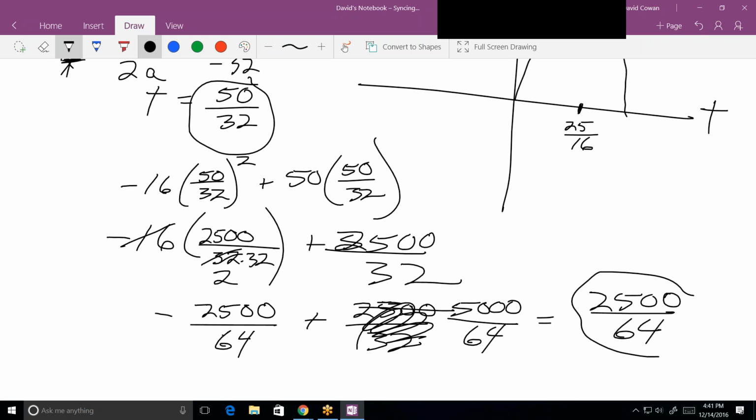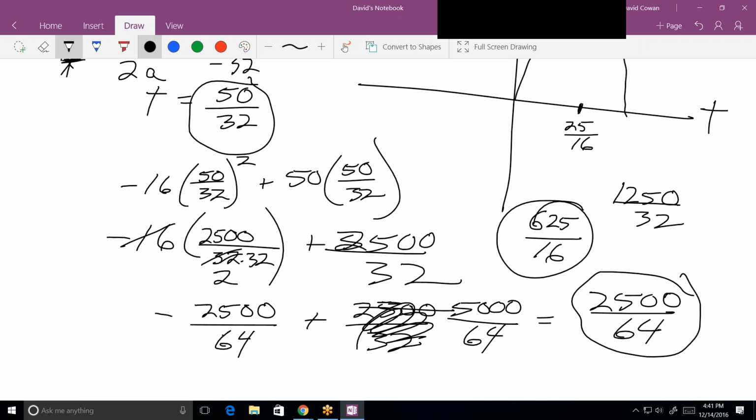So that's its height. You could reduce or simplify it. It becomes 1,250 over 32. I can cut that in half. That's 625 over 16.